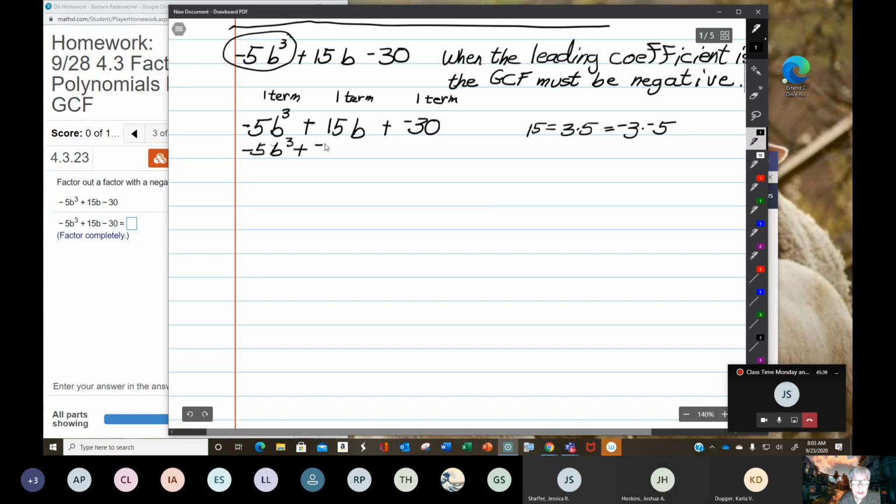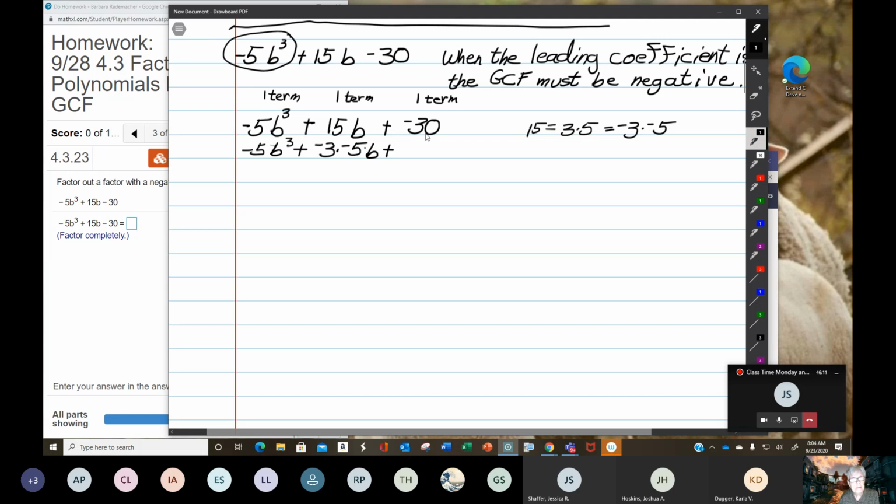That's how you're going to work with these. -3 times -5 times b. Don't want to lose our b. Now this number is already negative, but I do have to take it apart because we can see that the common factor is going to be a -5.